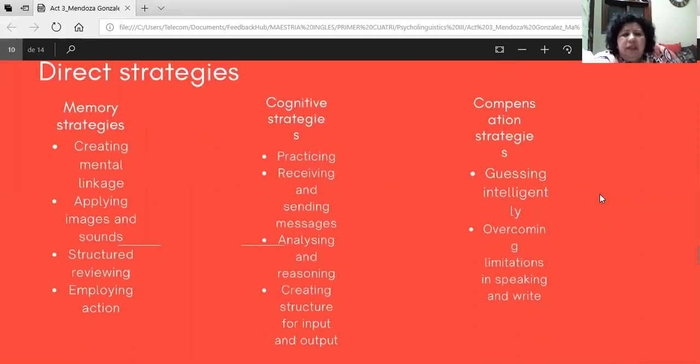In the memory strategies, there are some like creating mental linkages, applying images and sounds, reviewing, and applying action. In the cognitive strategies, we can find practicing, receiving and sending messages, analyzing and reasoning, and creating a structure for input and output. And in the compensation strategies, we can find guessing intelligently and overcoming limitations in speaking and writing.